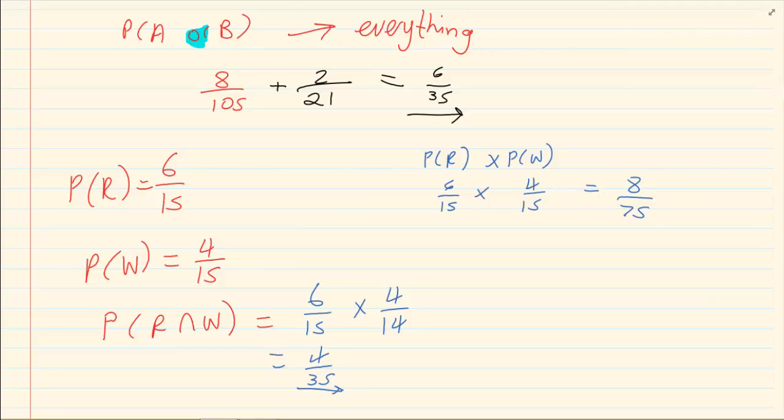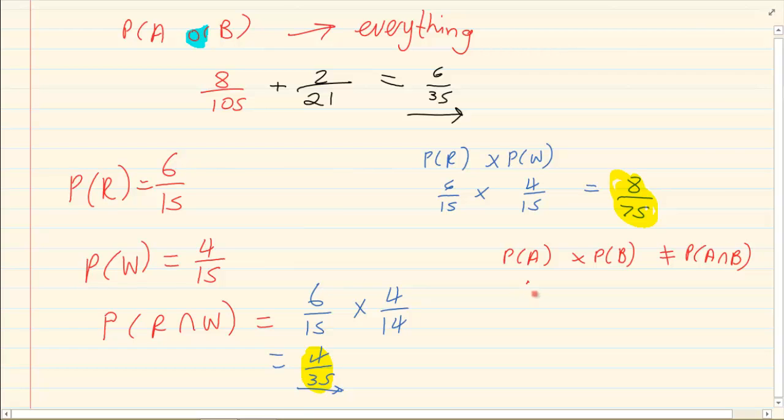You can clearly see they are not equal. So if they are not equal, then we have that P of A times P of B is not equal to P of A and B. Therefore, they are not independent.